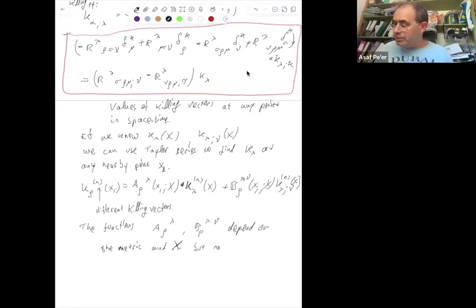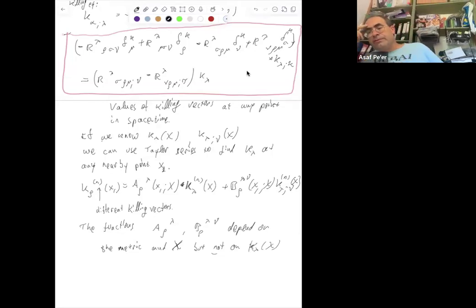But not on k lambda of x. I don't need to go on forever because everything else is already set once I know the Killing vector and its first derivative. I could write here in other terms, but these terms will be automatically determined by the A and B.